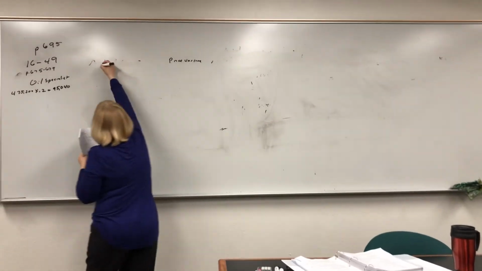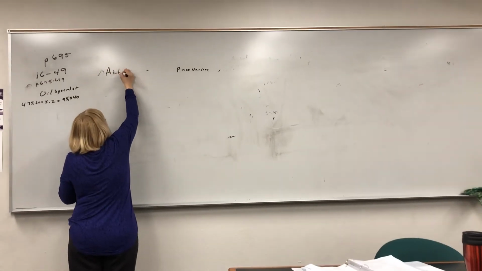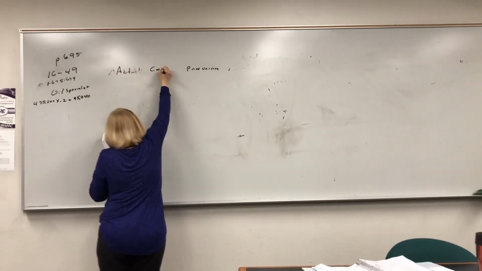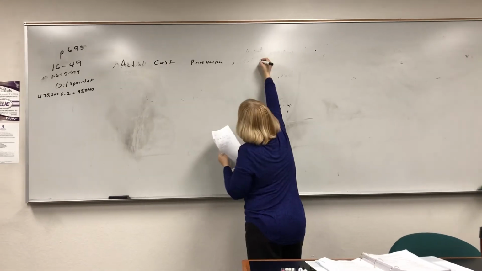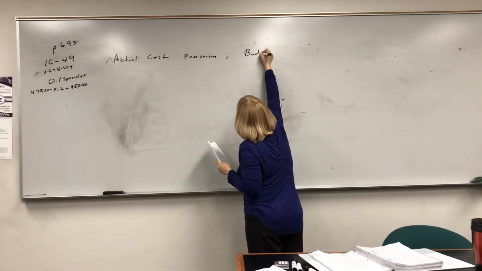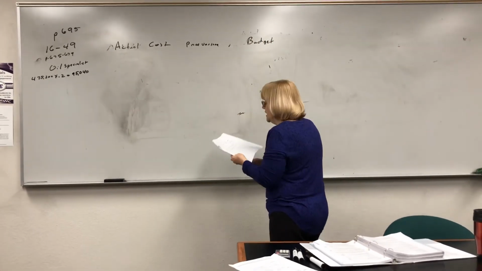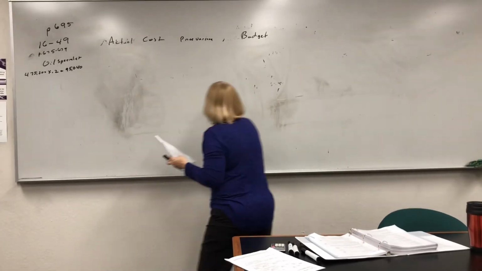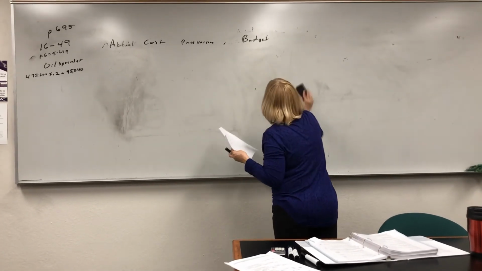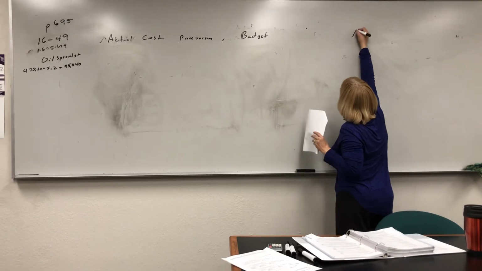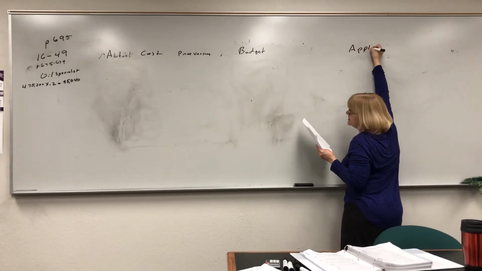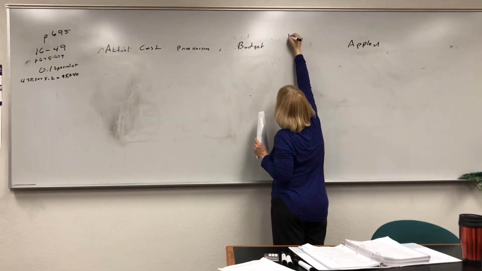So we do have our actual cost. We look at what was budgeted, so the difference between our actual and our budget is going to be our price variance. And then the difference between our budget and what we applied is going to be our production volume variance.